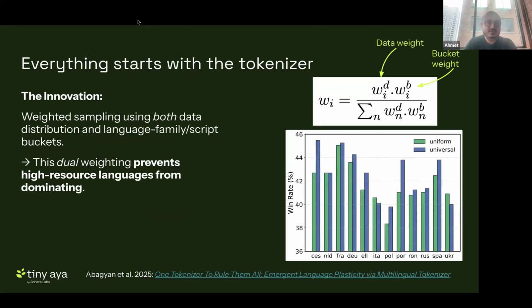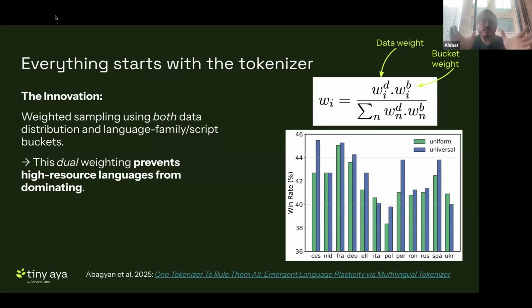Our approach to this problem was, okay, we want to use the training data distribution, because if our tokenizer data distribution is fundamentally different from the training data distribution, then the training efficiency would be extremely low, and we want training efficiency in terms of the number of tokens to be high. But at the same time, as I said, we want to balance the language distribution.